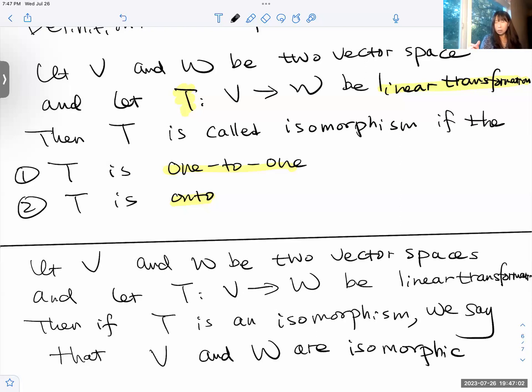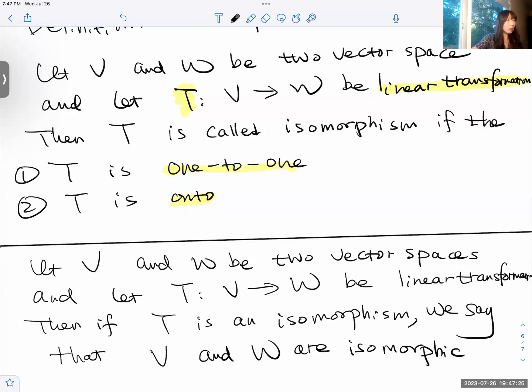So we are using the transformation T as an isomorphism because T is a linear transformation, 1-to-1 and onto, right? Then the vector spaces V and W are isomorphic. Okay. Let me see.